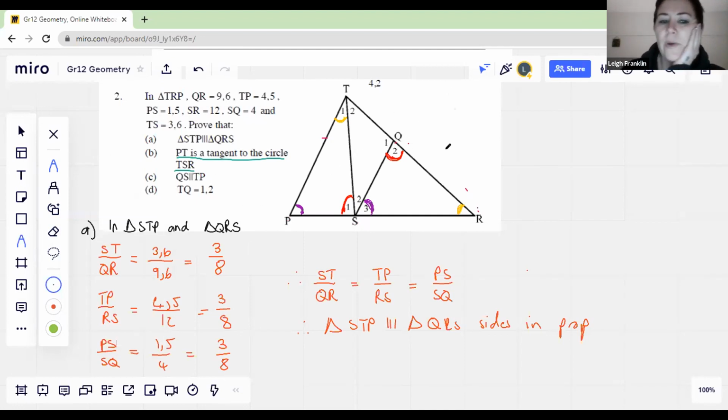Okay, so if you want to prove that a line is a tangent to a circle, the most obvious or often tested way is to use the converse tan chord theorem.